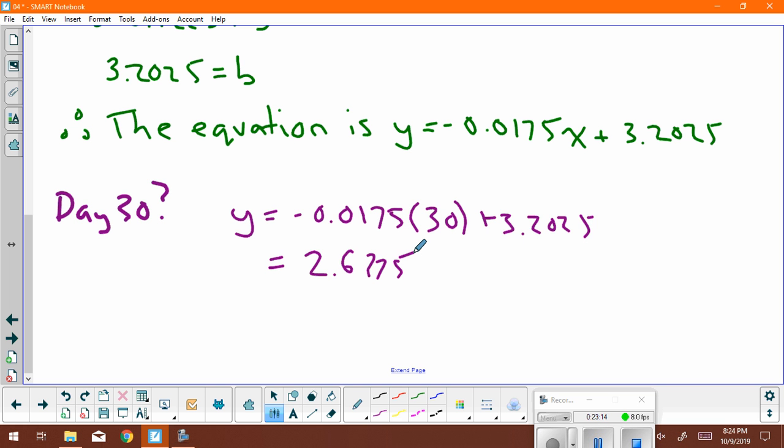So basically, after 30 days, he'd be down to about 2 hours and 40 minutes, and he was right around 3 hours at the start. So that's what the process looks like.